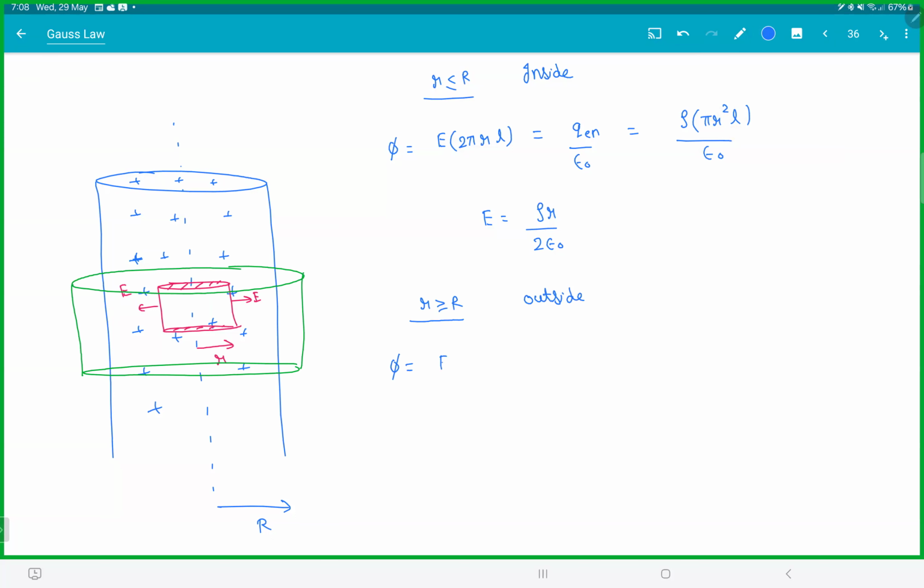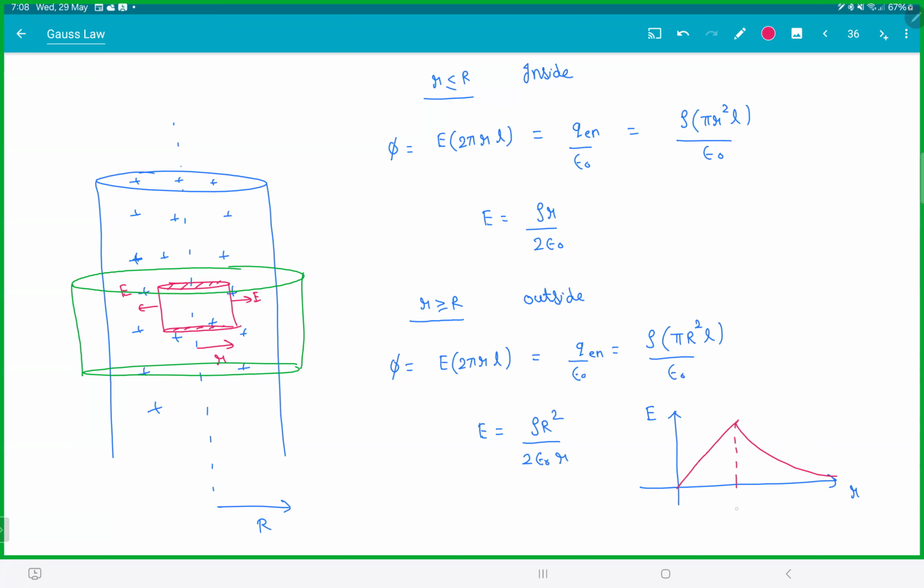The flux will still be the same, E into 2 pi r L. But this time the charge enclosed would be rho into pi R square L by epsilon, since the charge will stop at capital R. So this would be rho R square by 2 epsilon r. If you plot a graph, the field looks like that of a solid sphere. It increases linearly and then decays. Clear?